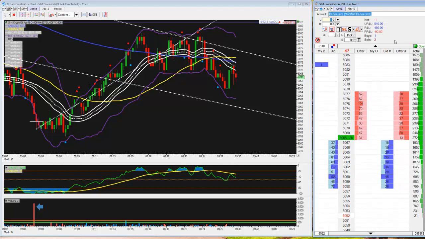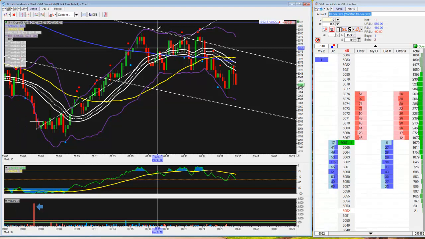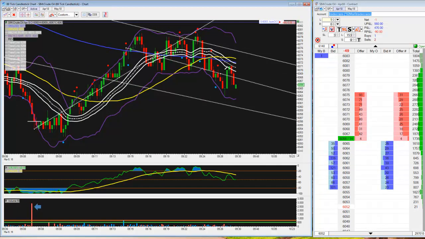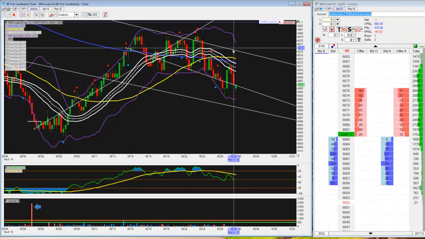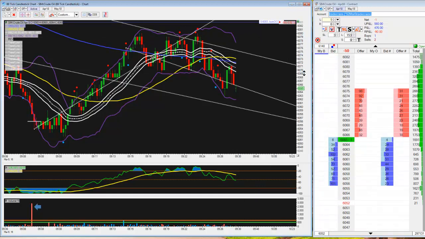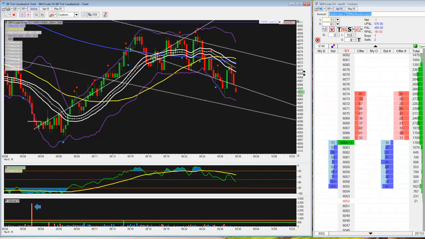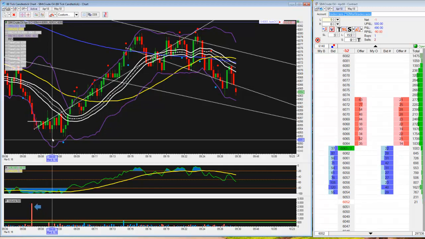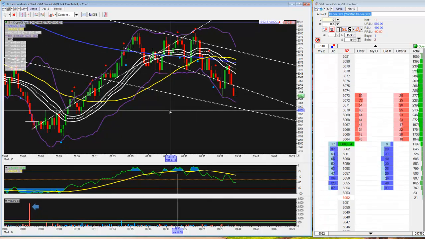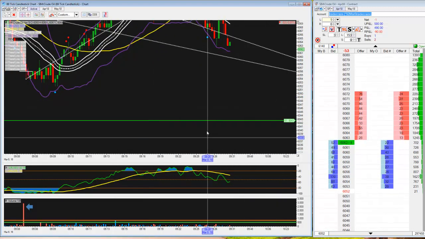All right, can we complete the triangle? Hopefully we can at least go down here to the S1, see what's down here.